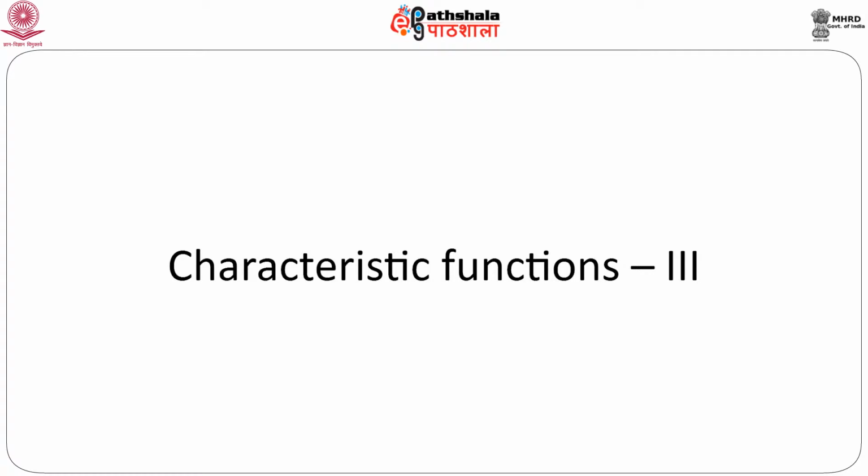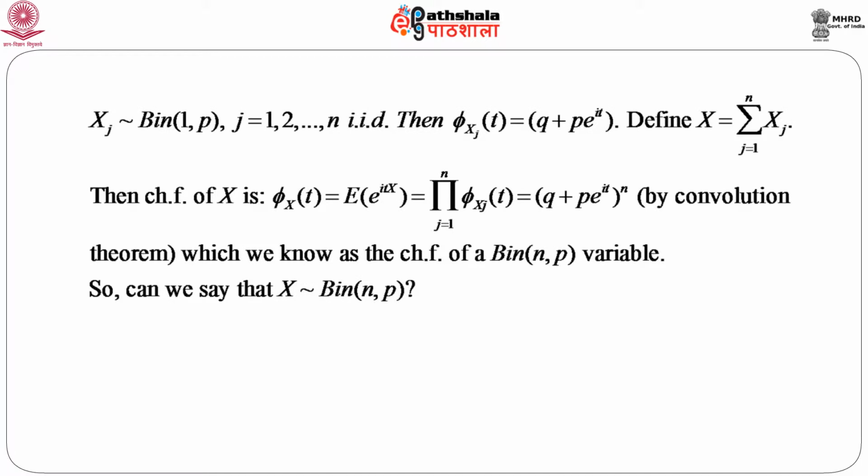So, characteristic functions 3. We have already discussed some properties, definitions and a couple of theorems, interesting notions about characteristic functions. First, let us consider one small example. Suppose X j is a random variable that follows binomial with parameters 1 and p, for j equals 1 to n, and all these X 1, X 2, ..., X n are IID random variables.